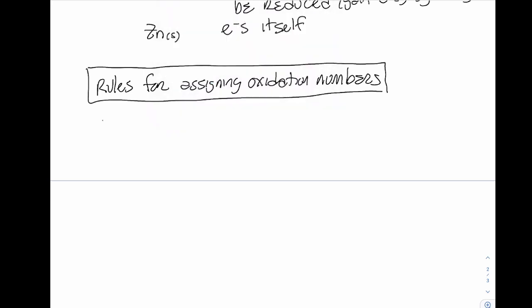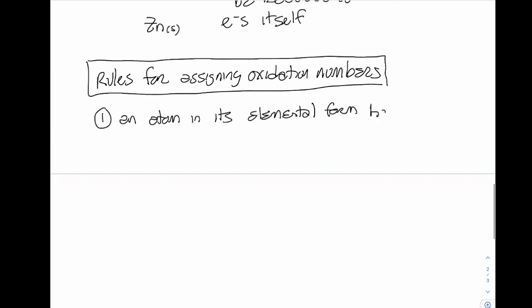Our first rule: an atom in its elemental form has an oxidation number of 0.